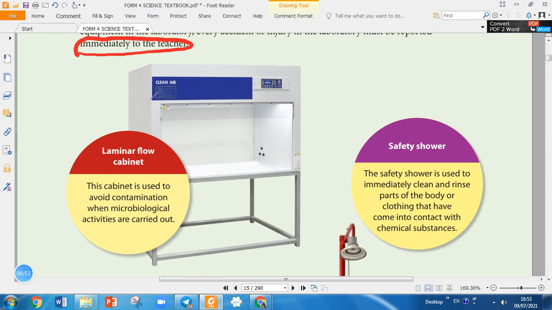So let's have a look at what a laminar flow cabinet is. A laminar flow cabinet is used to avoid contamination when microbiological activities are carried out, so the experiments that relate to bacteria. Next one is the safety shower.